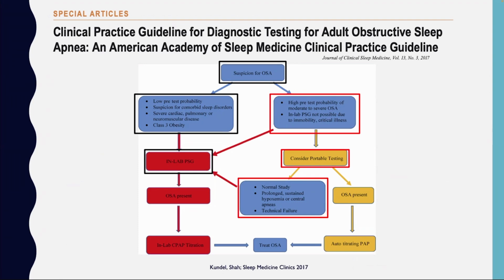And one thing to keep in mind, especially in the elderly population, is that a lot of the home tests, not all of them, require some use of technology or downloading an app on the phone. So if your patient is not very technologically savvy, that would be another reason to order an in-lab study.